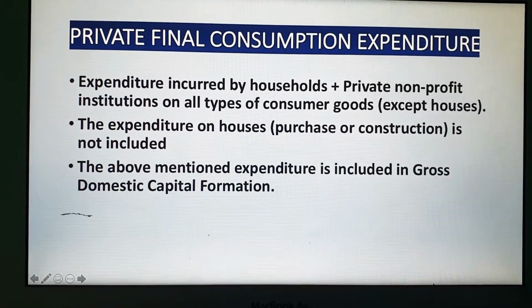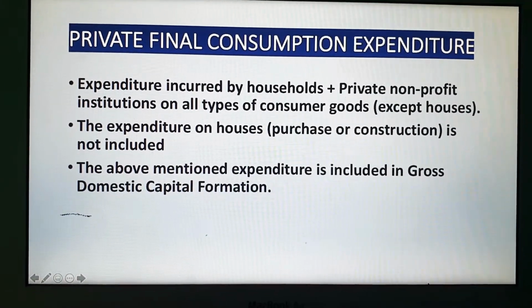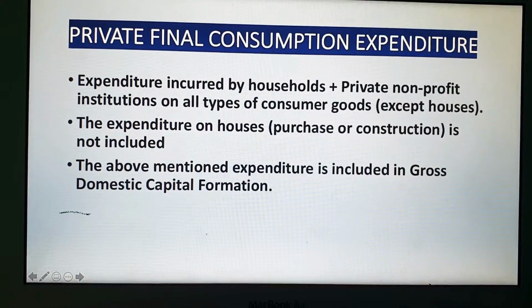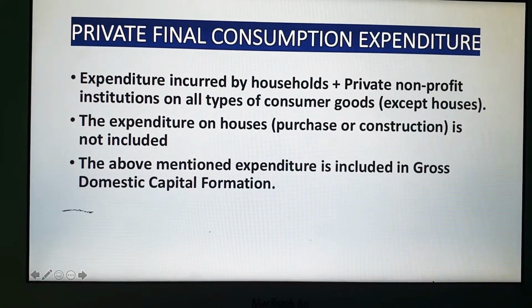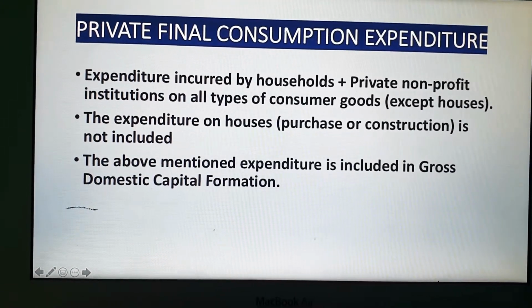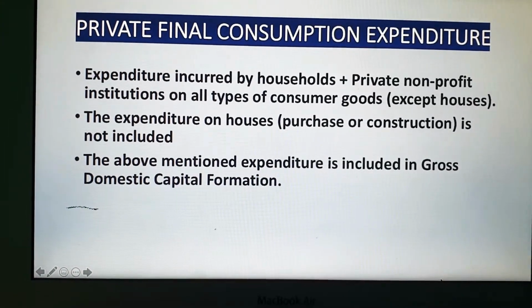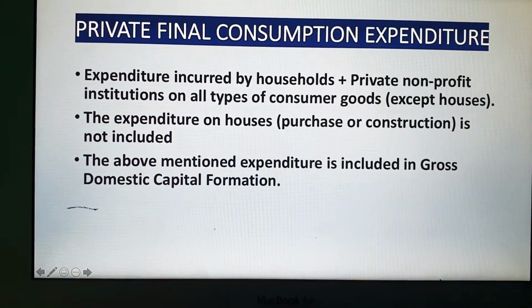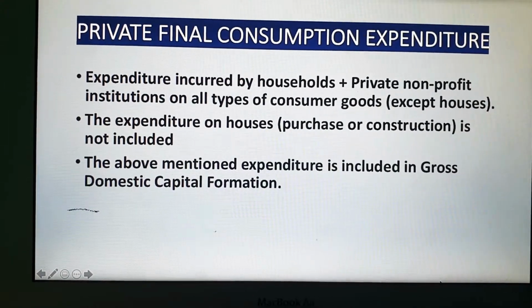So expenditure on each and every type of consumer goods is included in this component. However, the expenditure on houses, be it purchase or construction, is not included because this category is included in some other component, which is gross domestic capital formation.